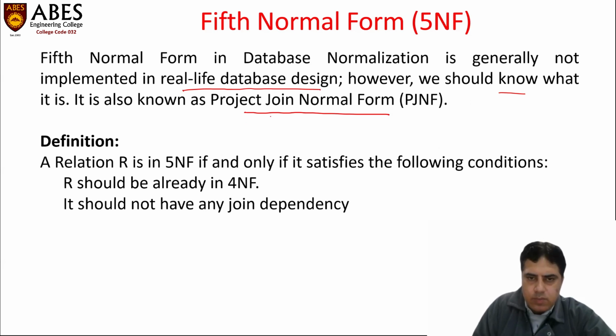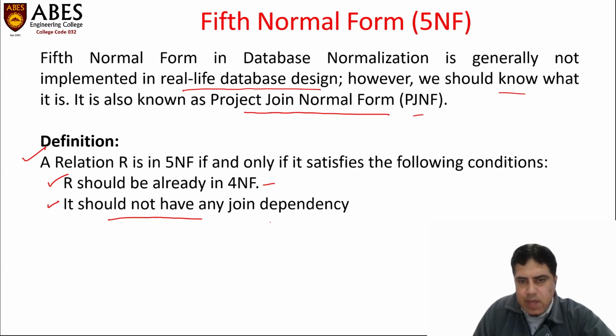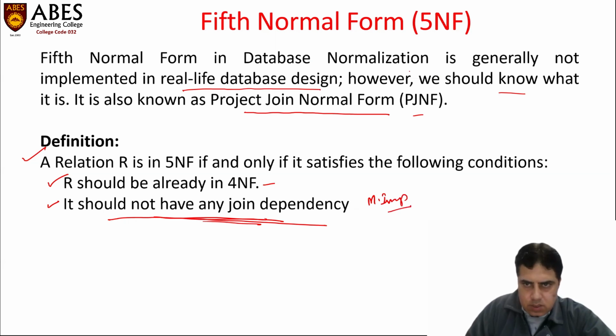A formal definition of 5NF: a relation R is in 5NF if and only if R should be in 4NF, and the second main condition is that there should not be any join dependency. This is the most important concept for 5NF.